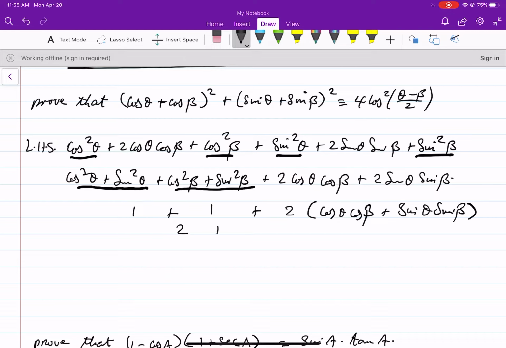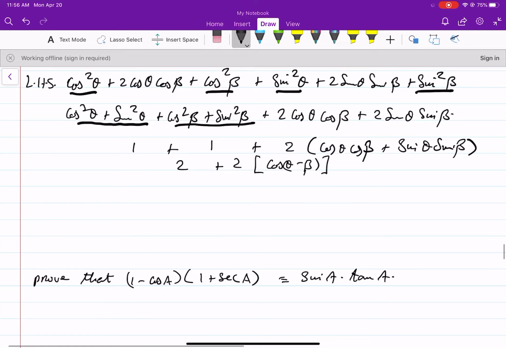This is 2 plus 2 into, and that part in the brackets looks like the expanded form of cos of theta minus beta. Now if you look at the result that they have, the angle is theta minus beta over 2, which is half of the theta minus beta that I have there.